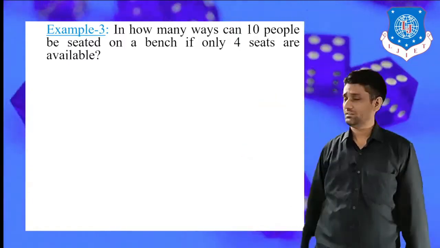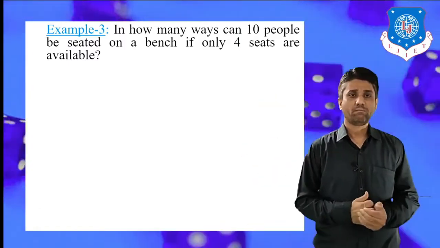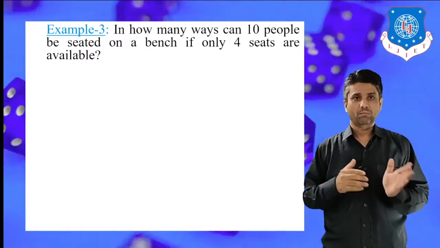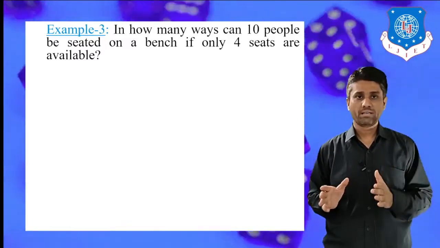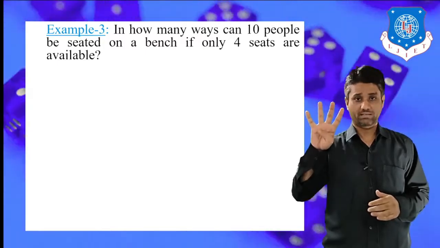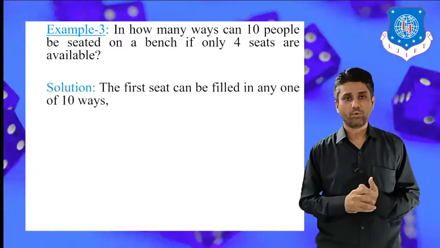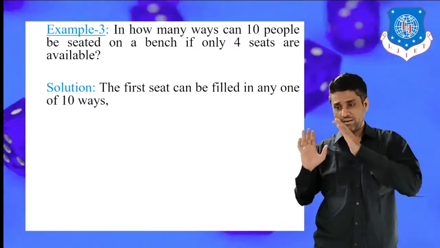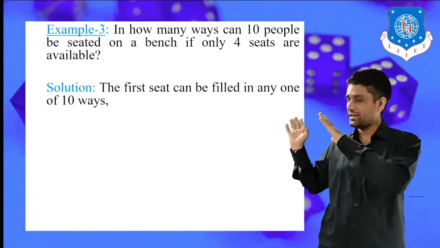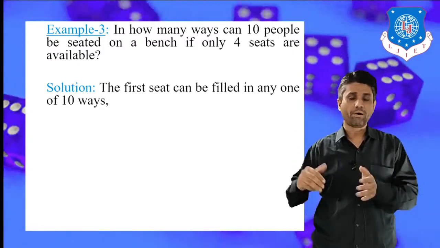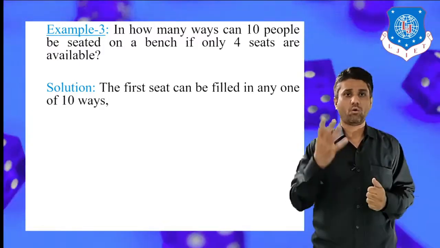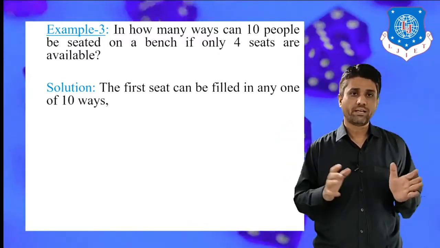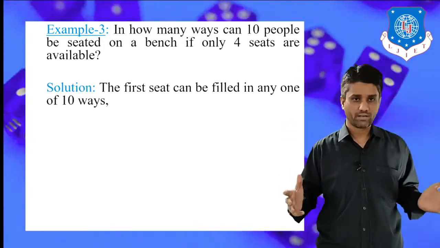Now let's see the next example. Example 3: in how many ways can 10 people be seated on a bench if only 4 seats are available? See the question carefully. There are a total of 10 people and we are interested in seating them, but the restriction is that there are only 4 seats. So let's move on to the solution. The first seat can be filled in any of 10 ways.